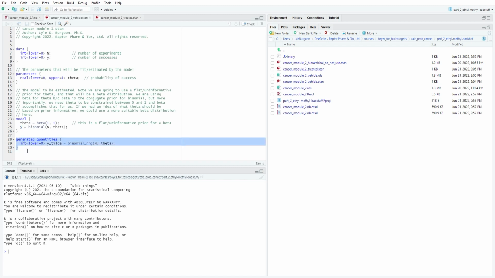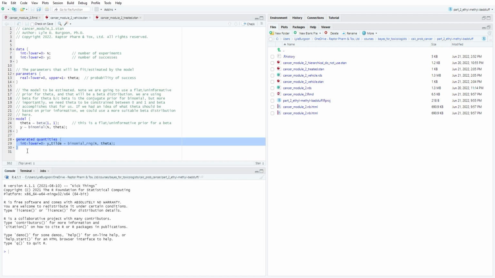Then you have these lines. This is new. We didn't have this before, and you might be wondering, what on earth is this? Generated quantities. Generated quantities is how, in Stan, we get what we call the posterior predictive distribution.